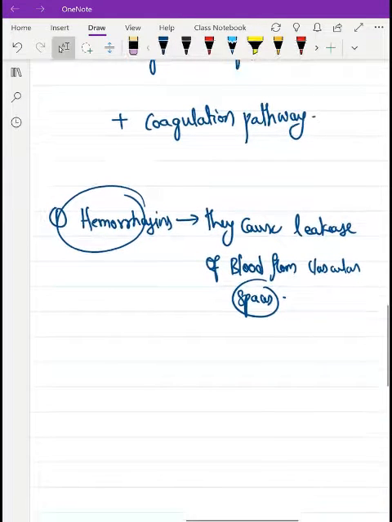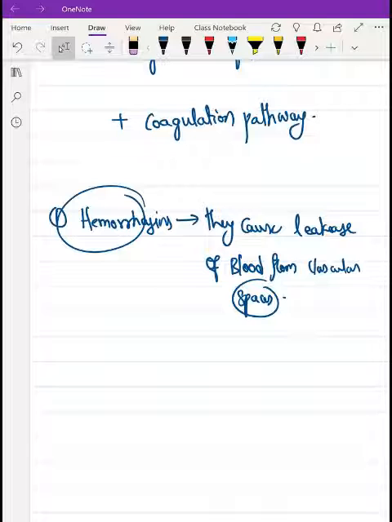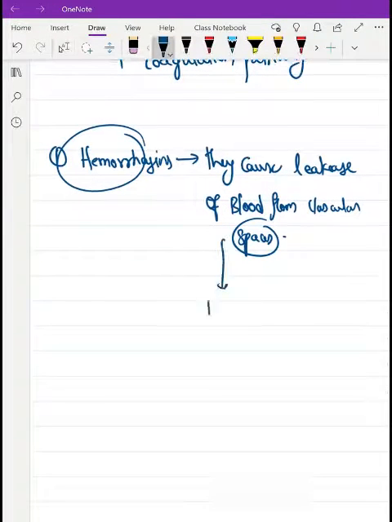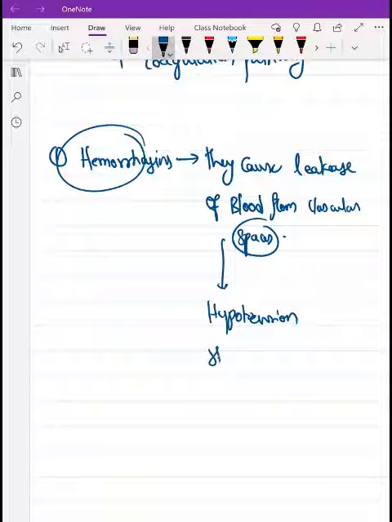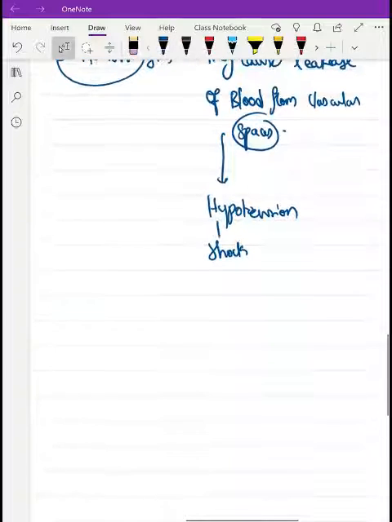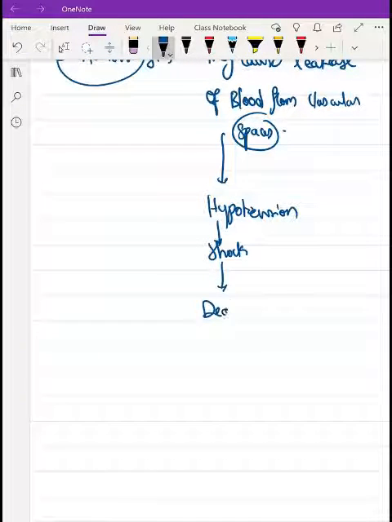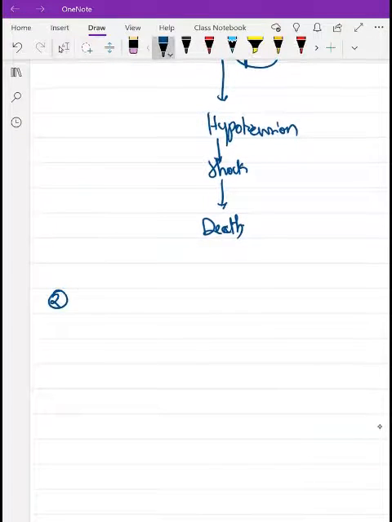They cause leakage of blood from vascular spaces into tissues, leading to hypotension, shock, and death. The next ones are hyaluronidases.